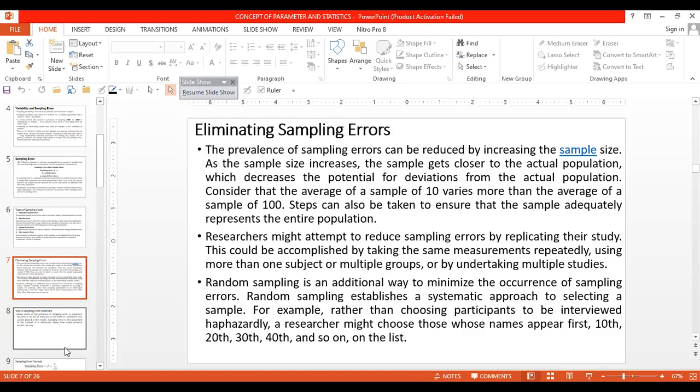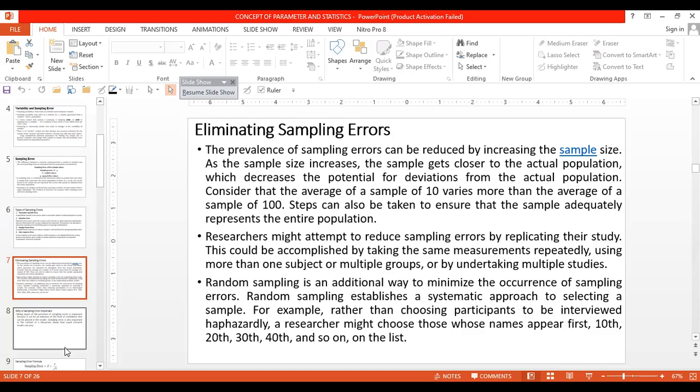Also, researchers attempt to reduce sampling error by replicating their studies. And this is done by doing the measurement repeatedly. You use more than one subject or multiple groups when you're undertaking those studies.